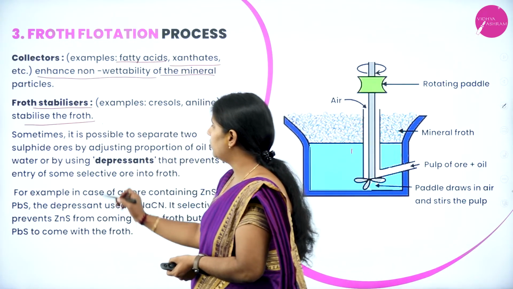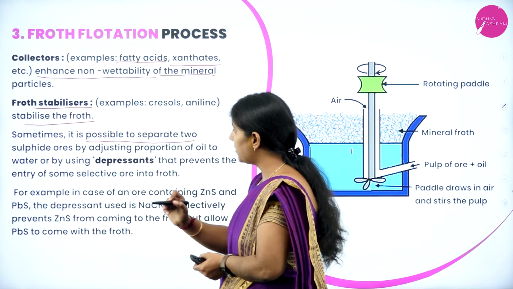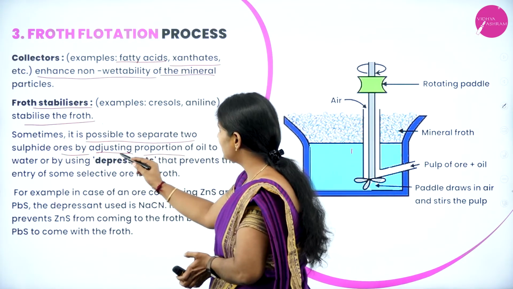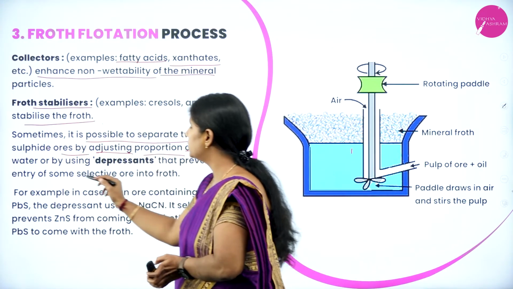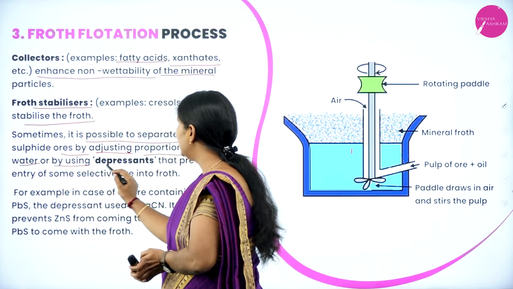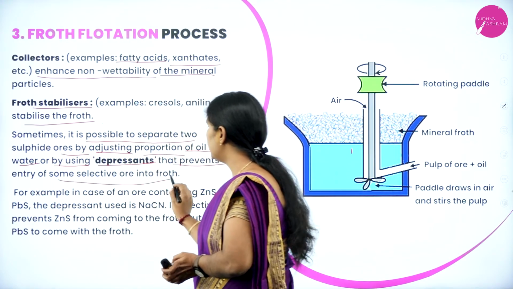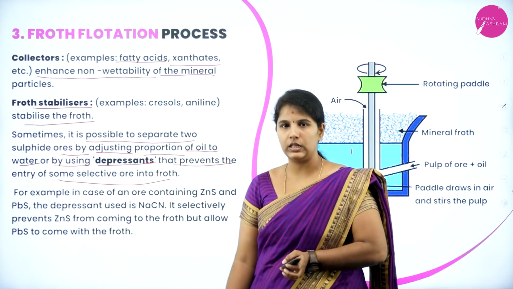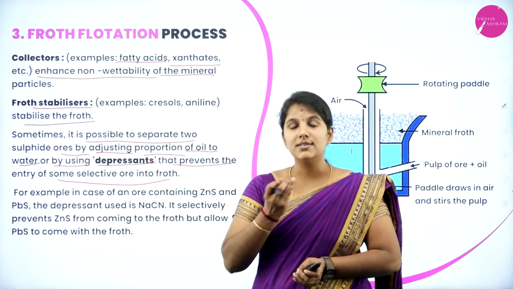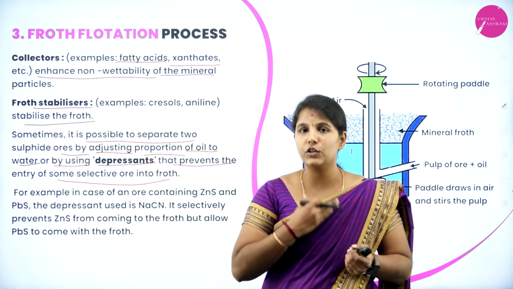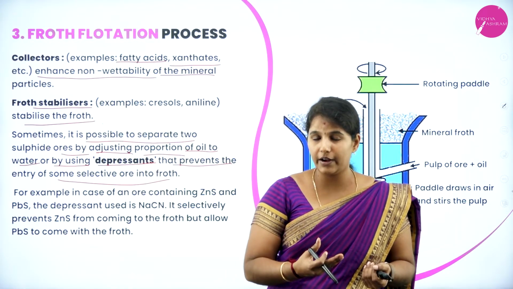But sometimes it is possible to separate two sulfides by adjusting the proportion of oil to water, or by using depressants that prevent the entry of a particular ore into the froth. Already we have learned that this technique is generally used for the concentration of sulfide ore.